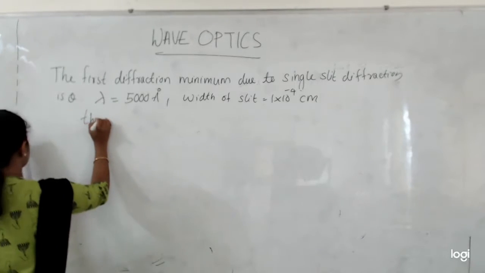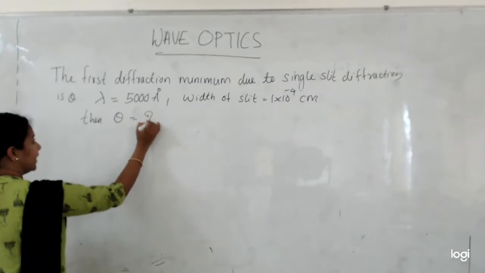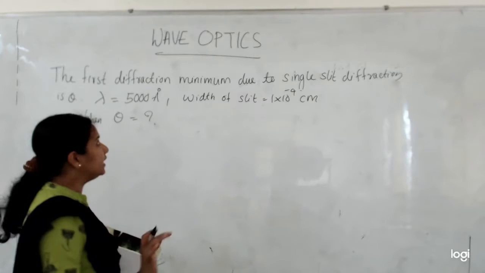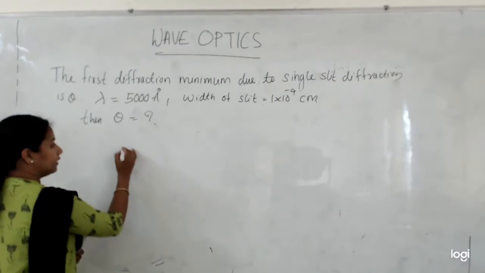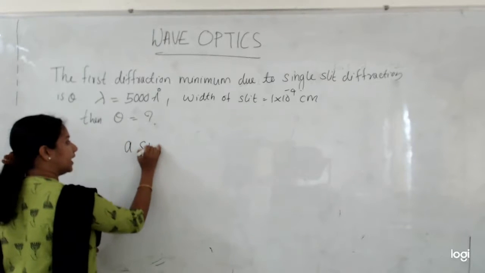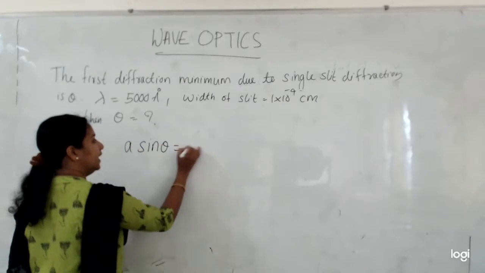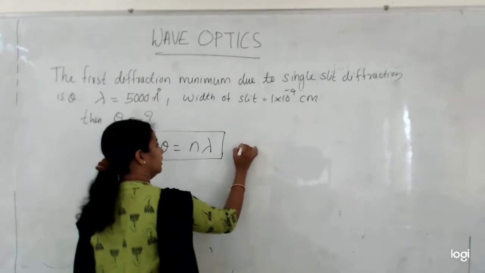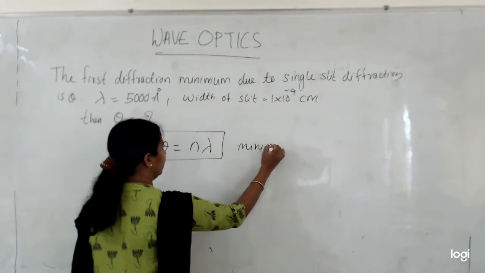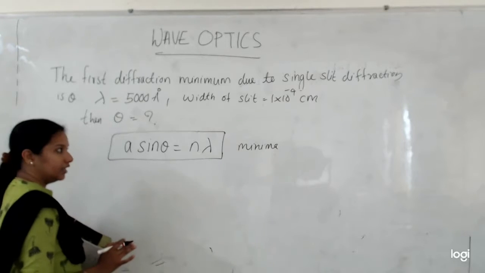Then theta equals, it's a very simple question. Only remember what is the condition for diffraction minima. Diffraction minima is nothing but A sin theta equals n lambda, the condition for minima. Simple, direct question, you should only remember this.